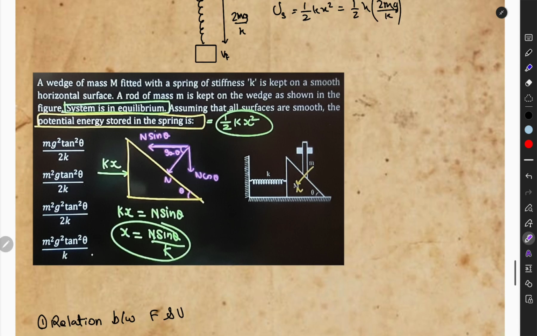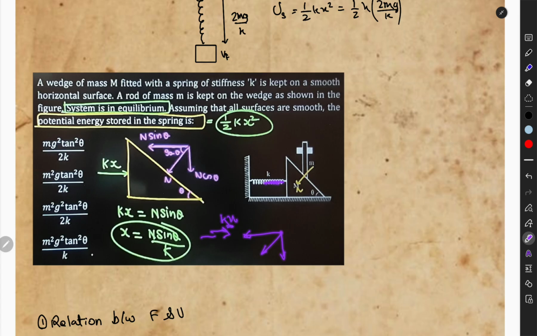So a wedge of mass is fitted in a spring of stiffness k, kept on a smooth horizontal surface. Since a wedge is kept, I can tell a normal force will be acting in this direction for sure, and then N cos theta, N sin theta are the components. And here, due to the spring, kx force will be acting, right?